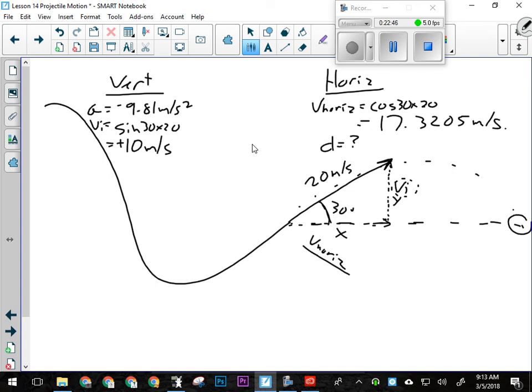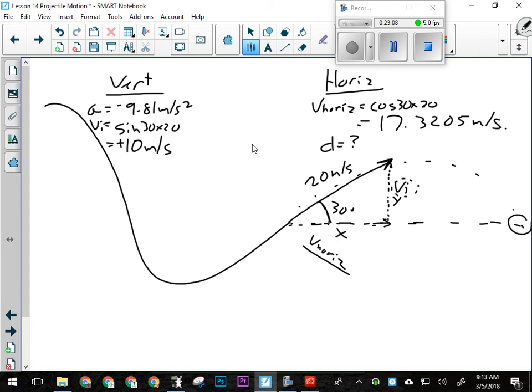Time. Yeah, because we use V equals D over T for the horizontal part. So I need to find time. We said before that the only thing that the vertical and the horizontal have in common is time. So do I have enough information vertically to find time? Right now, not yet.